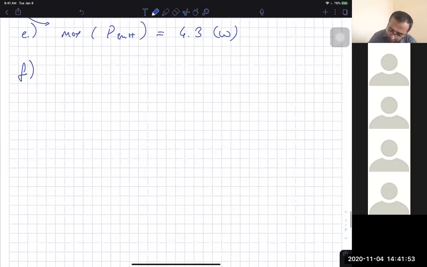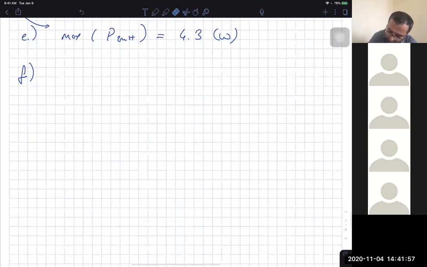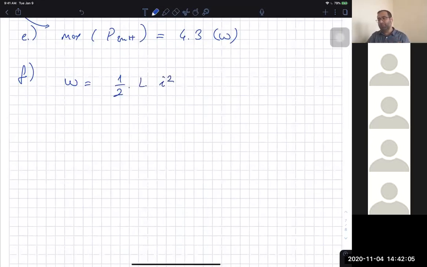So we all remember what the energy calculation was for an inductor. Energy is 1/2 times L times I squared, right? In order to find the maximum, we will take the derivative of this, find the time instant, and then calculate this thing. But we can make some intuitional comments here.